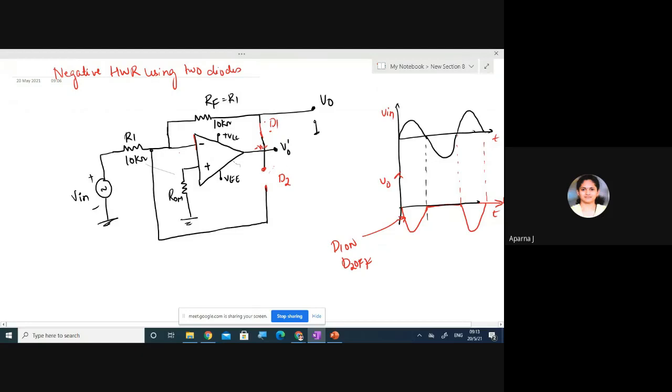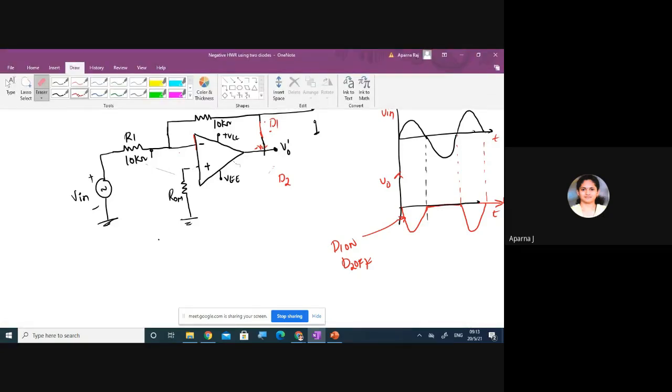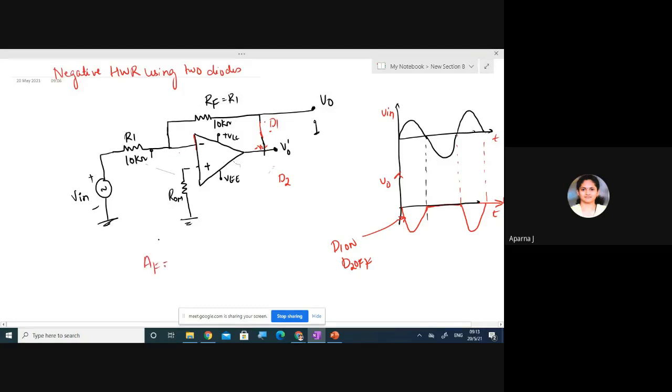That means there is no meaning of having this wire. So we can just remove this wire. It has no significance. We can just neglect this, and you can see how it looks. It is similar to an inverting amplifier, right? And what is the gain of this inverting amplifier? Gain of this inverting amplifier AF is minus RF by R1. So what are RF and R1 values?